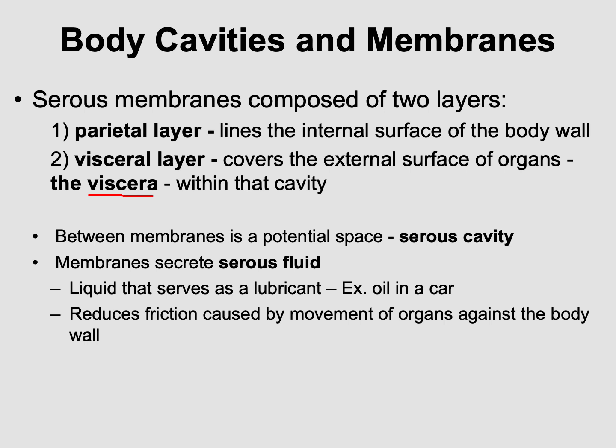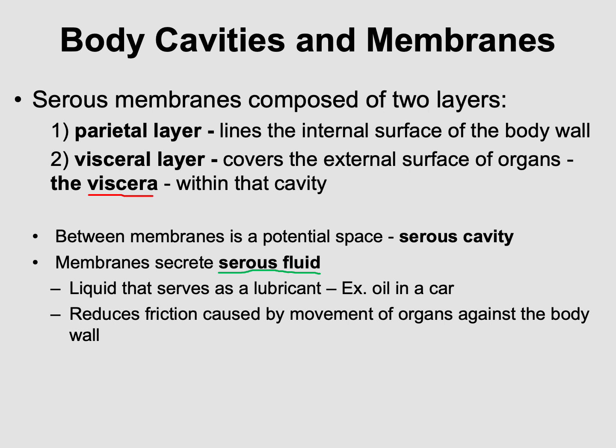The viscera is within this cavity or within this layer. Between those two layers of the membrane, we sometimes have a potential space known as the serous cavity, and also we have something very, very important that those membranes secrete, which is serous fluid right here.